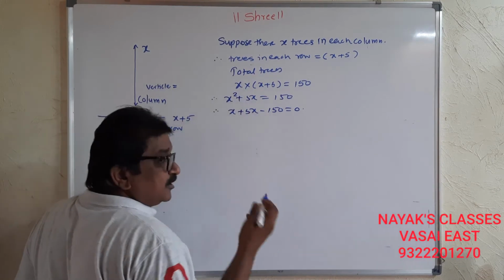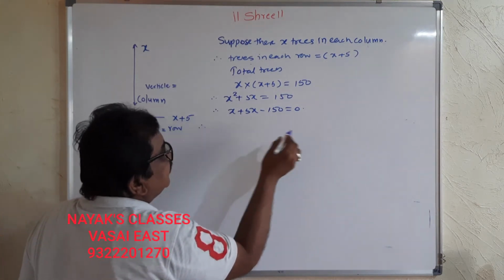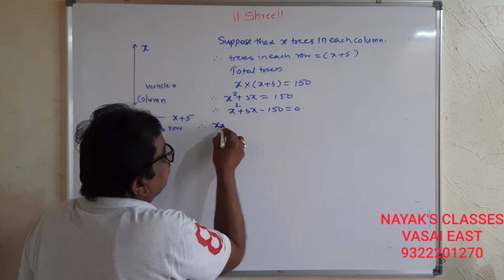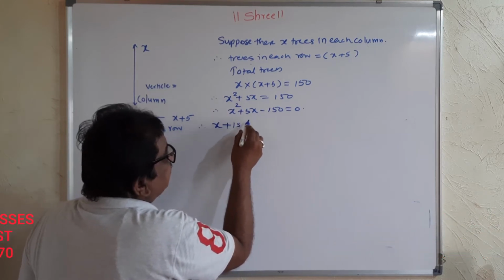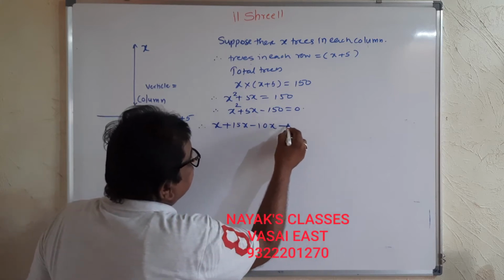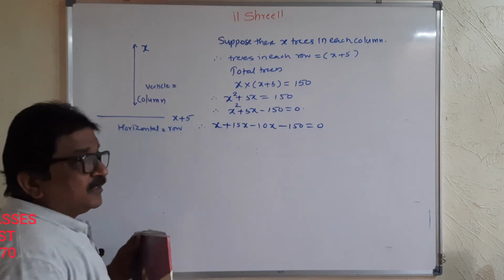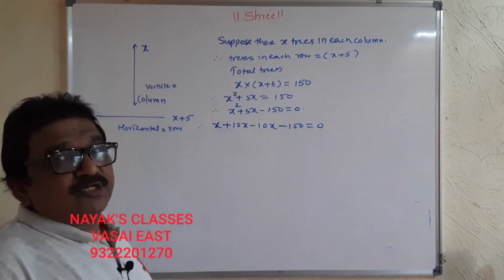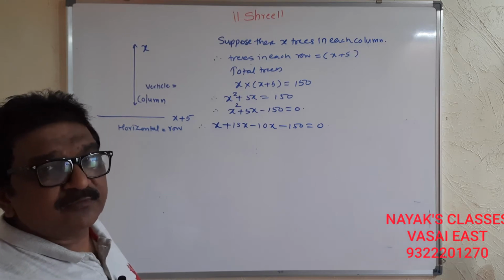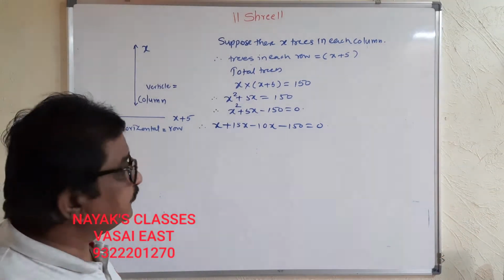Some students may not understand, so I am giving the detailed explanation. x square plus 15x minus 10x minus 150 is equal to 0. Actually, it is not necessary to give all the details, but I am giving them because some students may not understand the direct bracketing system.